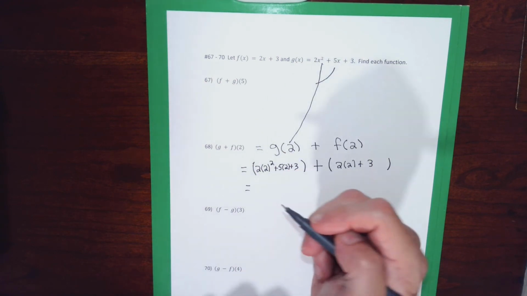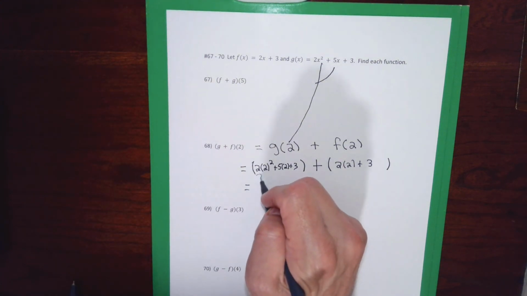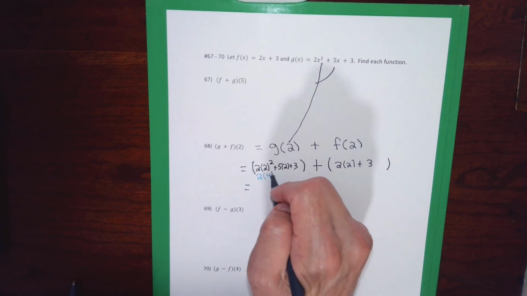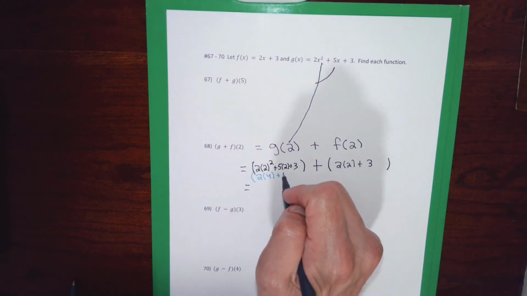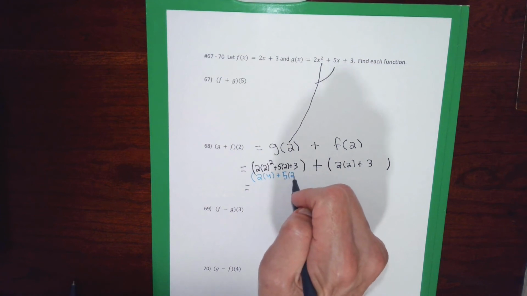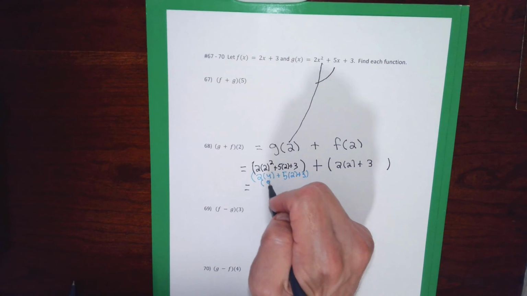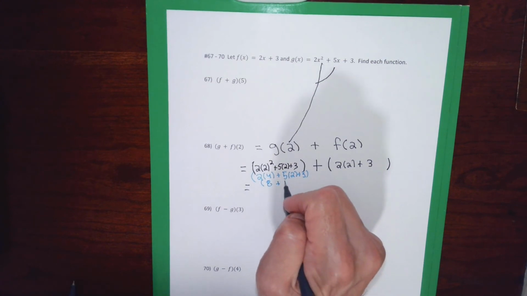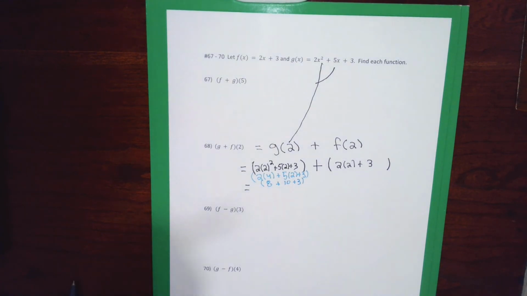And now it's an order of operations problem. Inside the first parentheses, I would need to do exponents first, multiplication second, and then addition last.